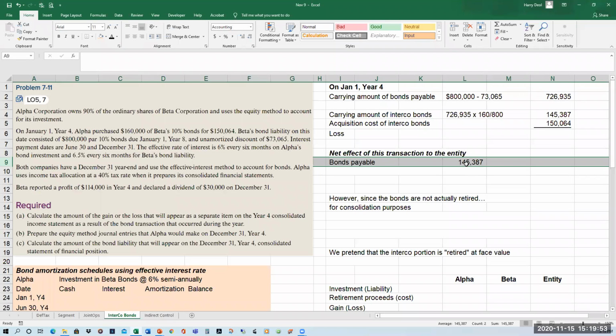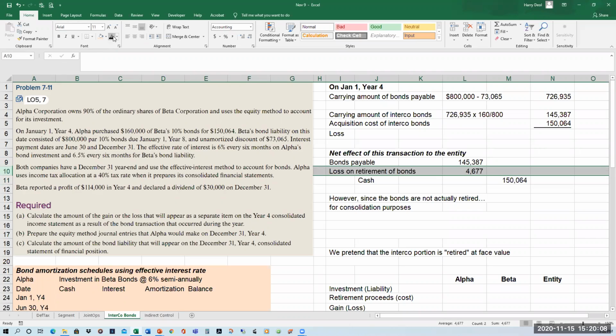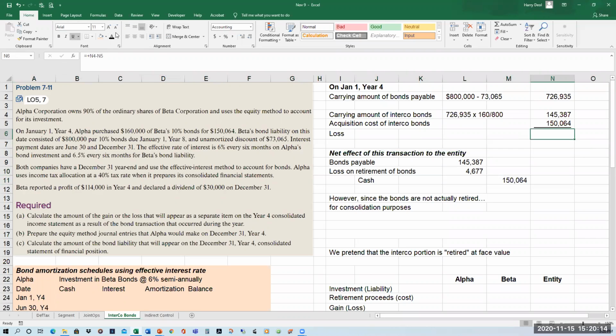The bonds payable liability, having a carrying amount of 145,387, was retired by paying cash of 150,064. The difference is essentially a loss on retirement of bonds. That's basically what this amounts to. This intercompany investment essentially ends up being an effective retirement of the bonds as far as outside creditors are concerned.